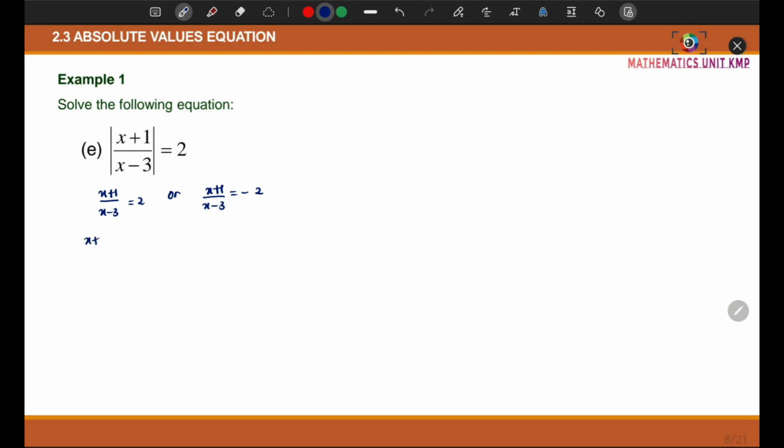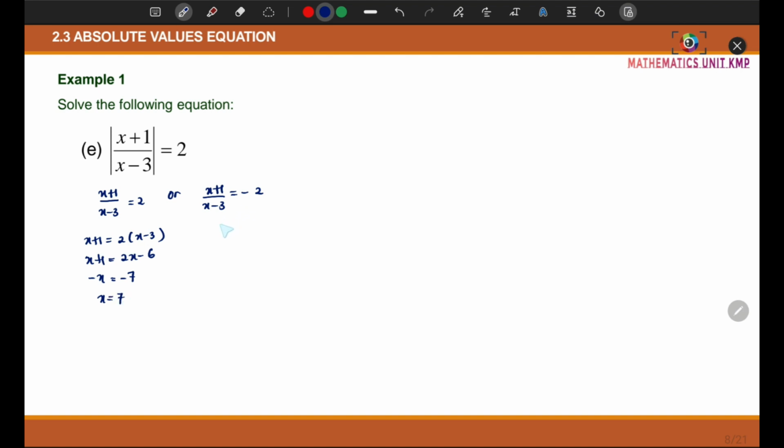So we have x plus 1 equal to 2 times x minus 3. So expand, we have 2x minus 6. Rearrange, simplify this equation. So we have x minus 2x, so negative x, and then negative 6 minus 1, negative 7. So x is equal to 7.